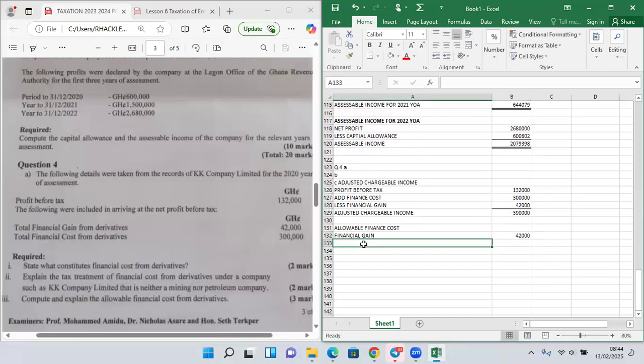Then we add 50% of adjusted chargeable income.